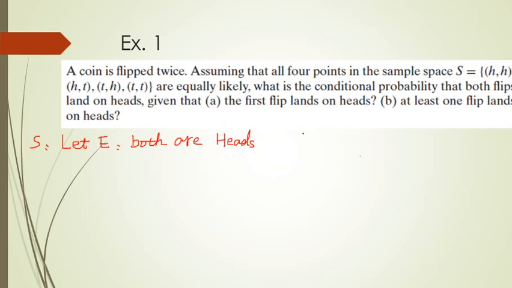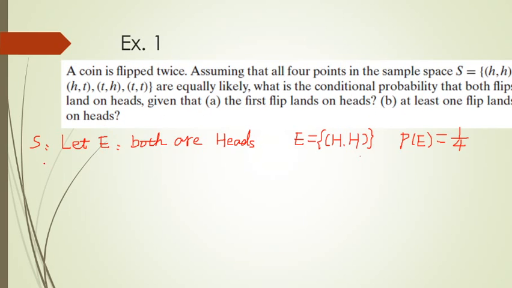Both are head, which means you only get the one outcome, head head. And we know the probability of event E is 1/4. There is no problem because there are four total different outcomes in the sample space. But the question is not asking the probability of event E. They ask what is the conditional probability that event E occurs given some conditions.